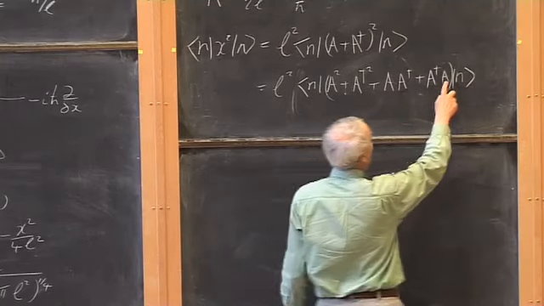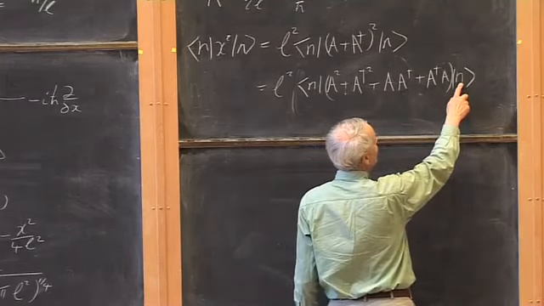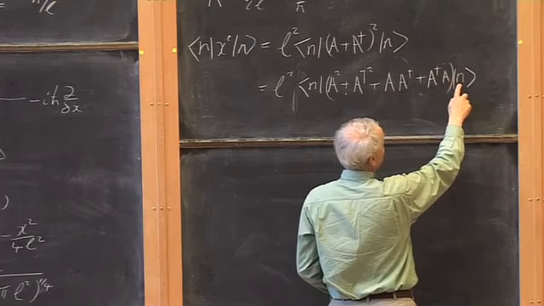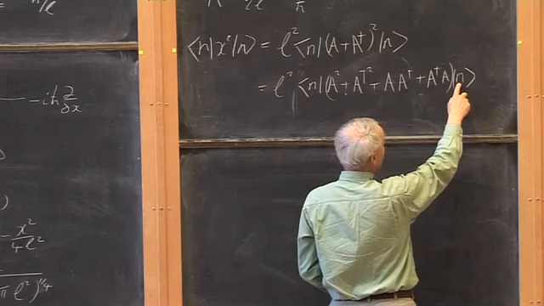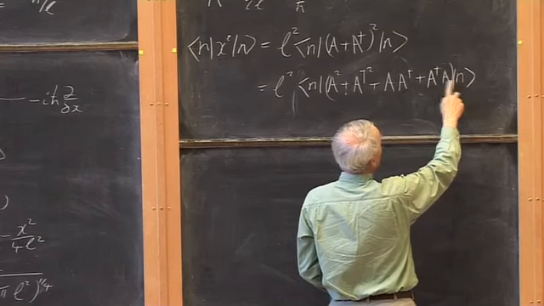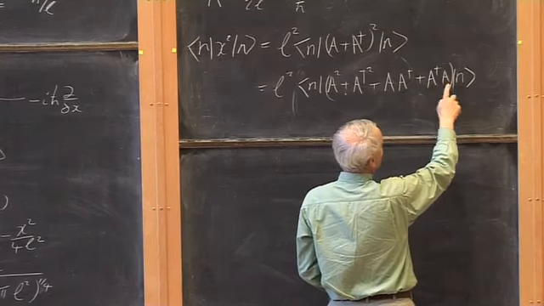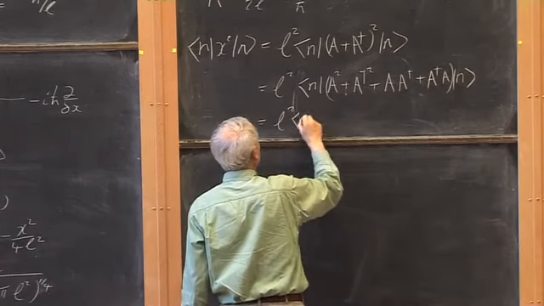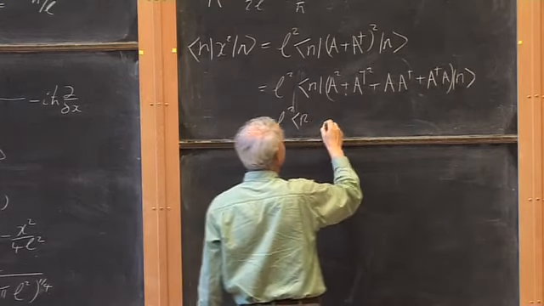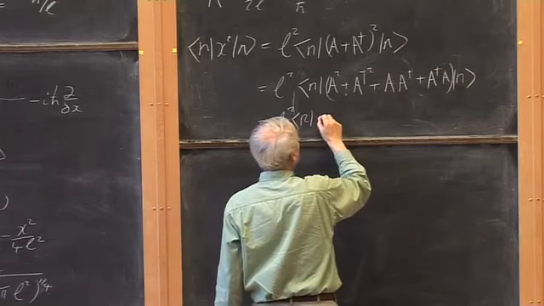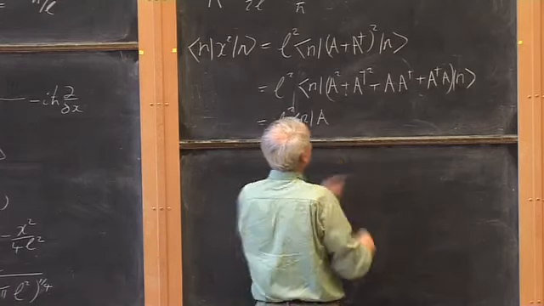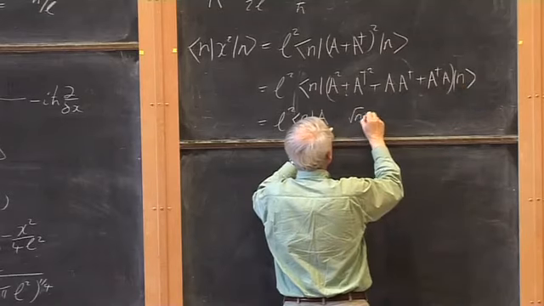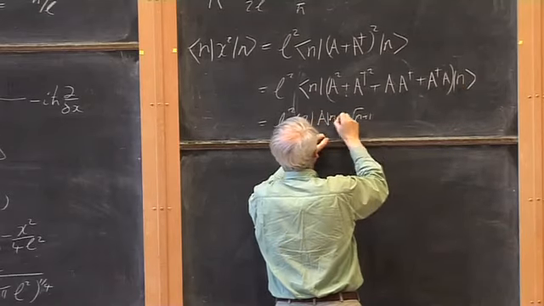We know that A on this produces root n times n minus 1, and this produces root n. Let me write this out. So this is going to be L squared of n A. Now what's the A dagger on this is going to produce root n plus 1 of n plus 1.